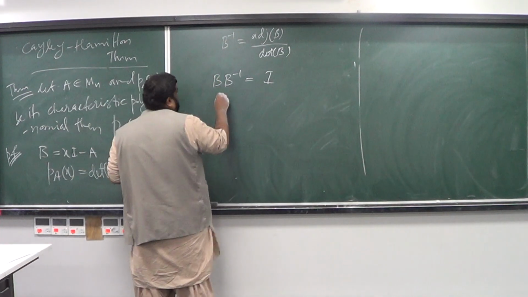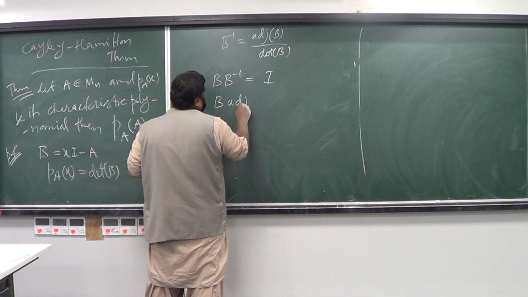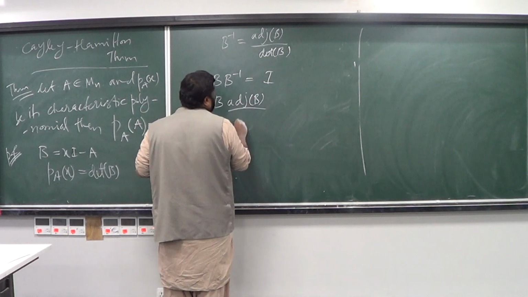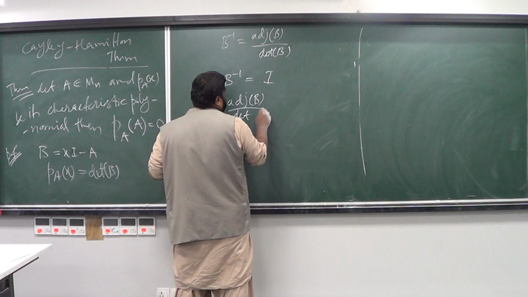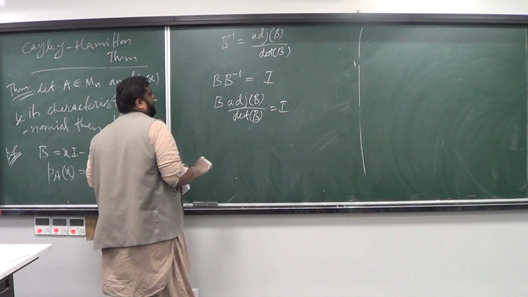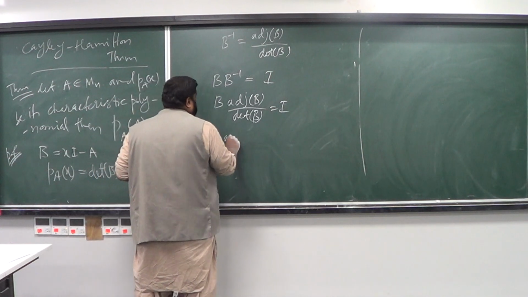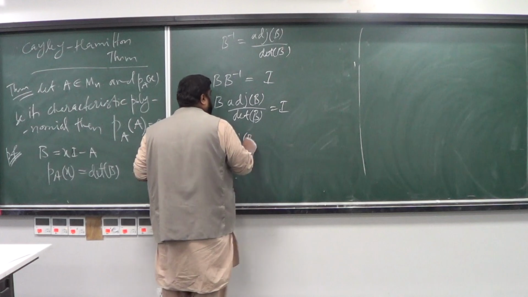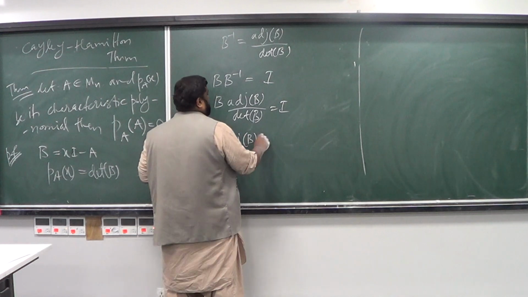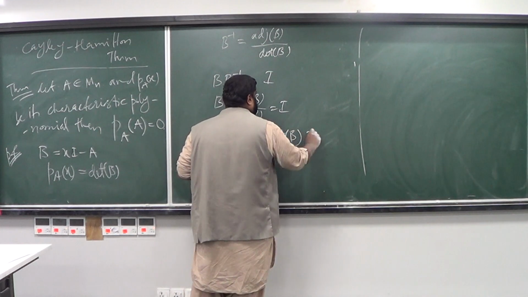So if I substitute the value of B inverse here, this is going to be B times the adjoint of B divided by the determinant of B equals the identity matrix. Now B times the adjoint of B is equal to the determinant of B times I.